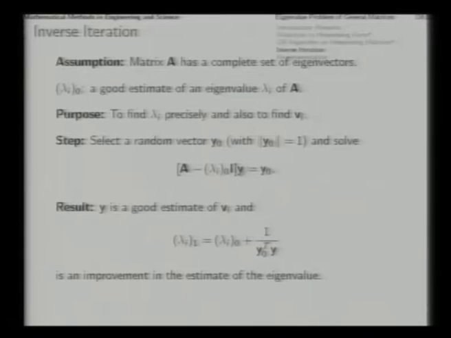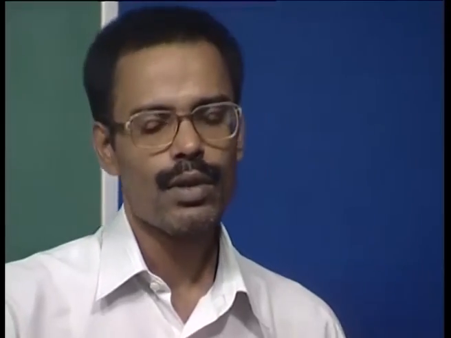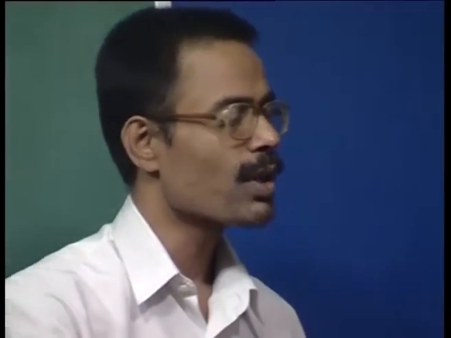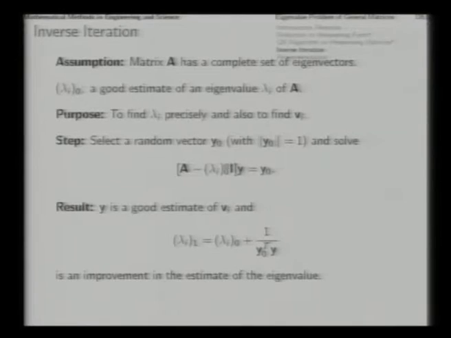Okay. So, that eigenvector gets overemphasized, and therefore in y you will find that the components of the other eigenvectors become very small in comparison to the eigenvector corresponding to which we have made an estimate here.